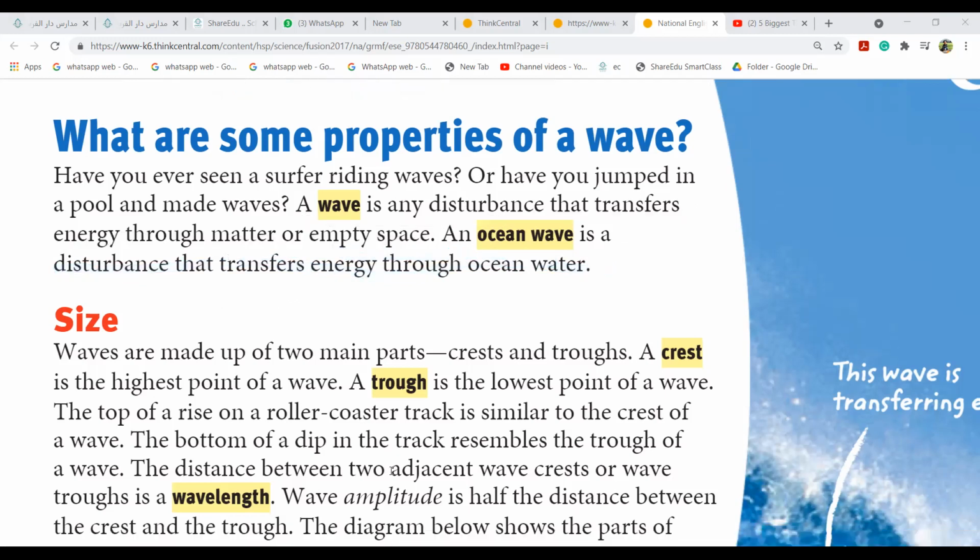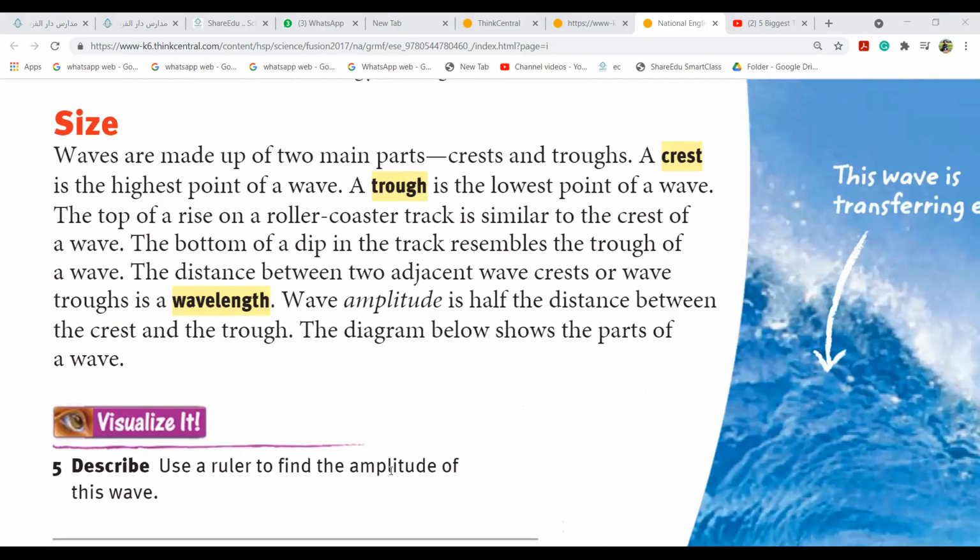Now, waves are made up of two main parts, crest and trough. Girls, when I draw this, what is the crest and what is the trough? Look very carefully, because these two are vocabulary terms. The top is called the crest, and the depth down here is called the trough.